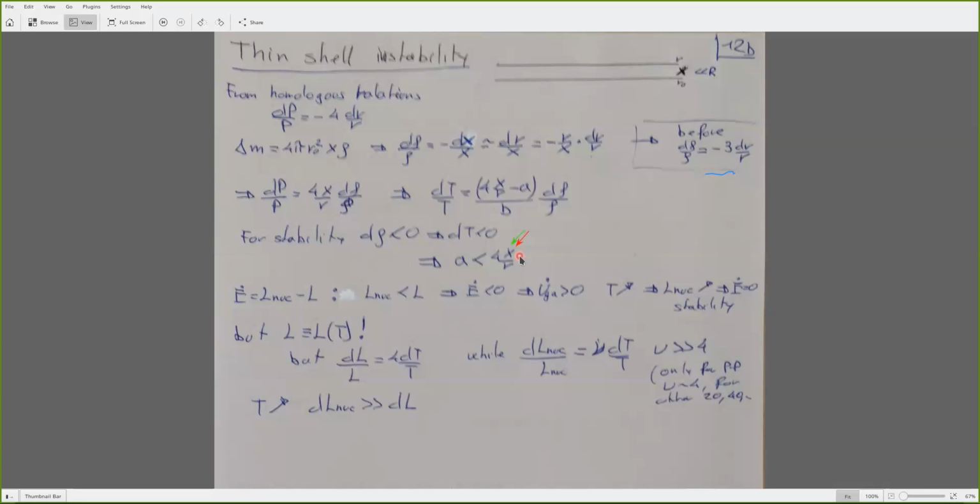If you have a nuclear reaction releasing energy just in a small thin shell of the star, we can have an instability similar to the one we have, for example, in the center of the core with degenerate gas.